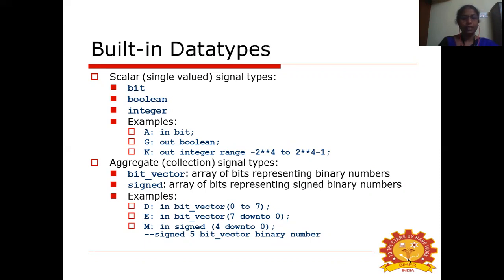Example: D is an input signal, its bit vector ranges from 0 to 7. E is a bit vector, an input signal which ranges from 7 down to 0. M is an input signal, signed 4 down to 0.